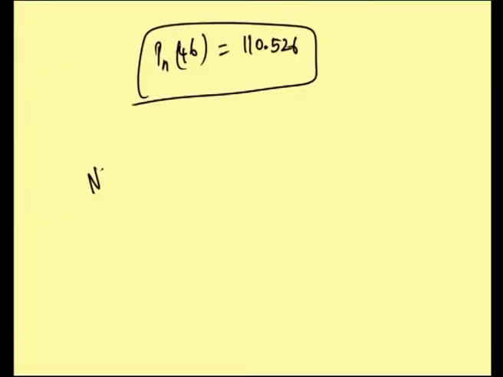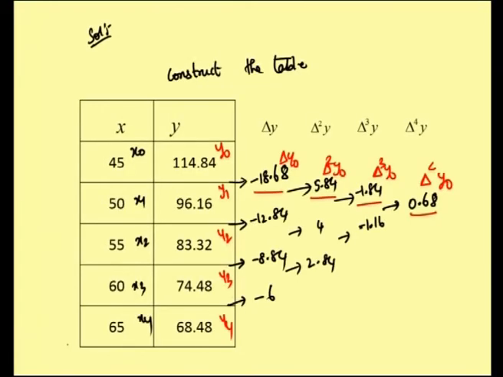Similarly, we can find out by Newton's backward difference formula Pn of 63. Again, the same tabular column can be used for writing down the nabla values.